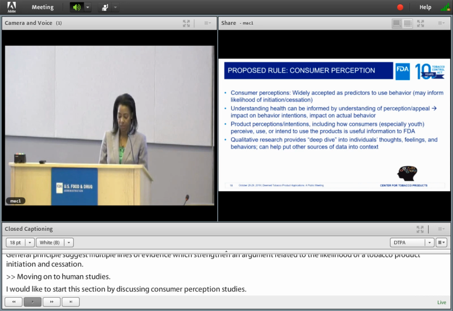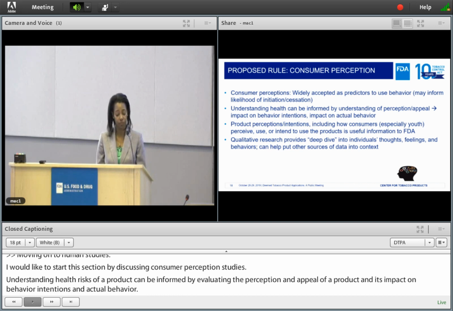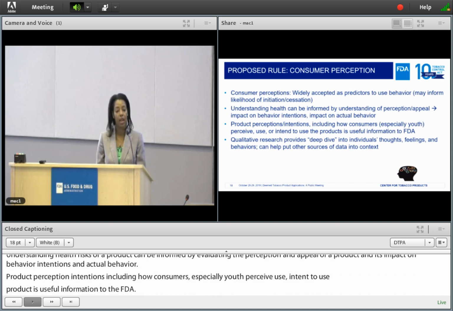Product perception intentions, including how consumers, especially youth, perceive, use, or intend to use the products, is useful information to the FDA. Qualitative research provides insights into individuals' thoughts, feelings, and behaviors, and can serve as useful evidence in understanding a product's impact once it is on the market.